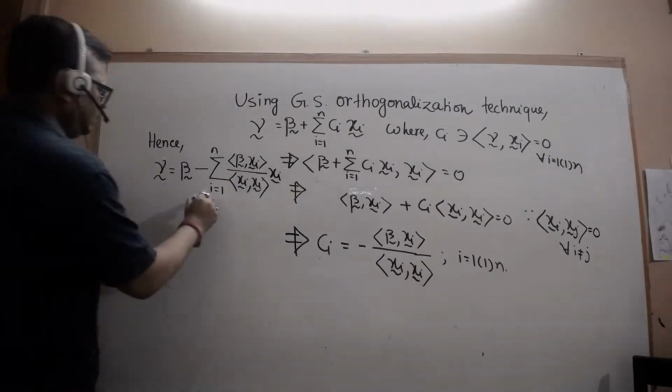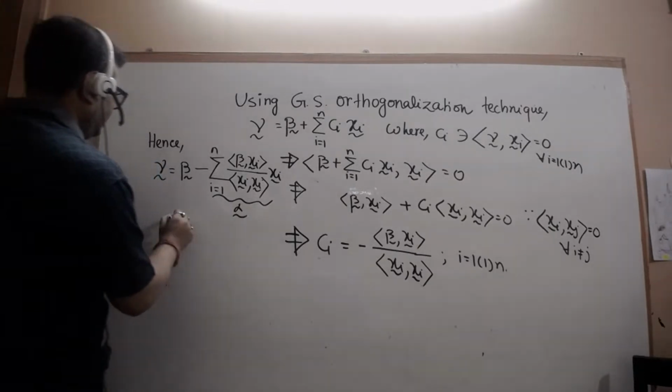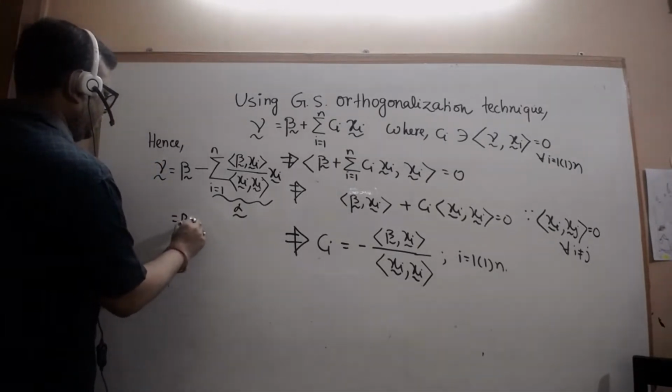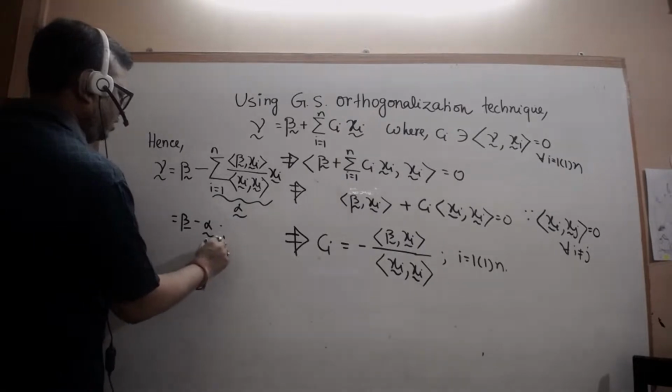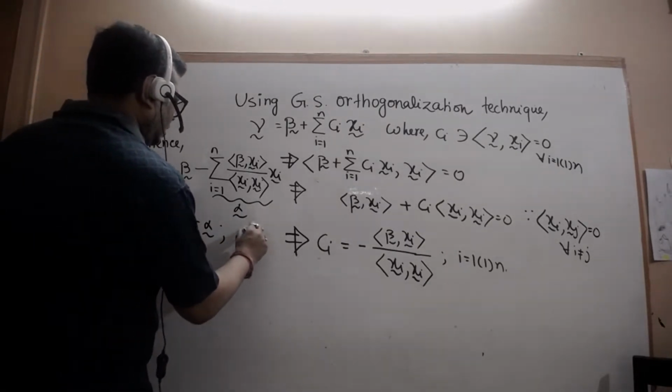I denote this vector by alpha curl. So gamma curl is beta curl minus alpha curl, where alpha curl is the sum over i.